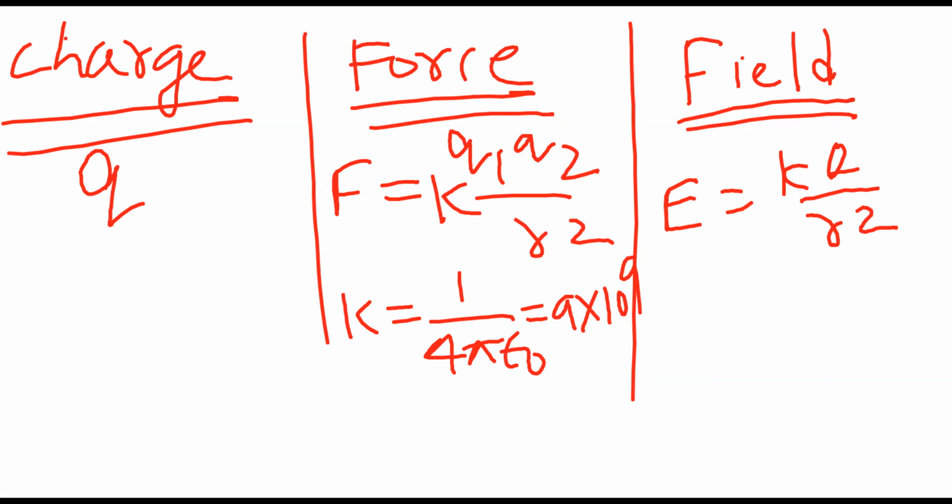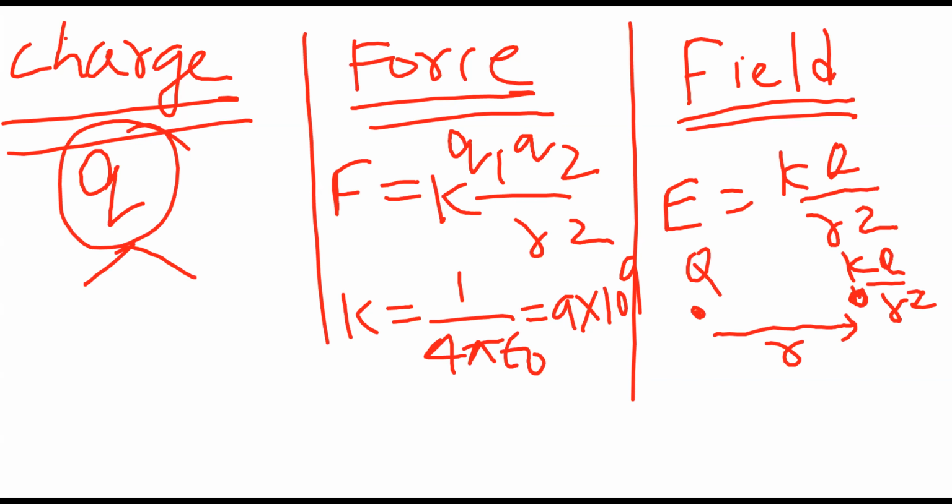So this much we understood: if a point charge Q is there at a distance R, what is the electrostatic field? Electrostatic field is basically KQ by R square. And charge is of both types, one positive and one negative. What do you mean by positive?